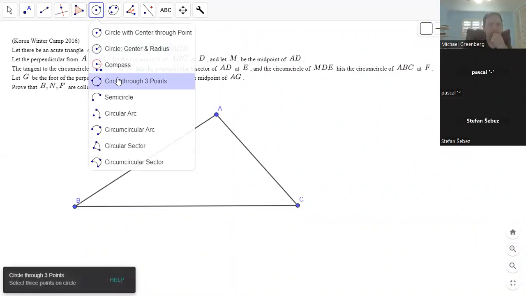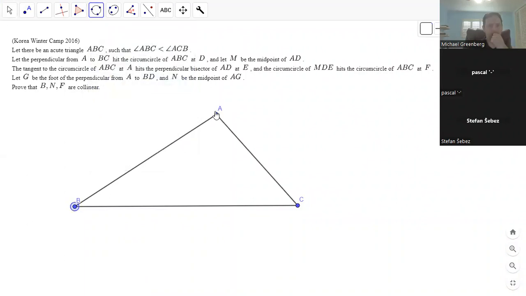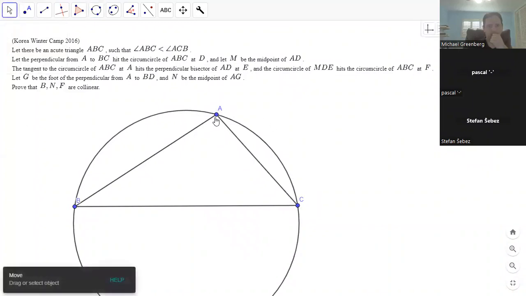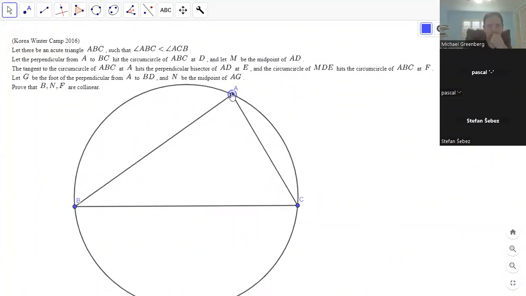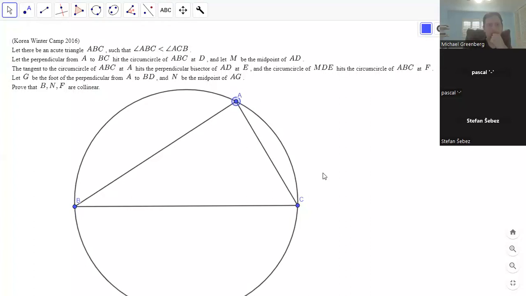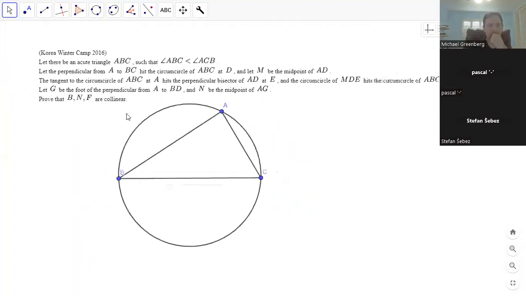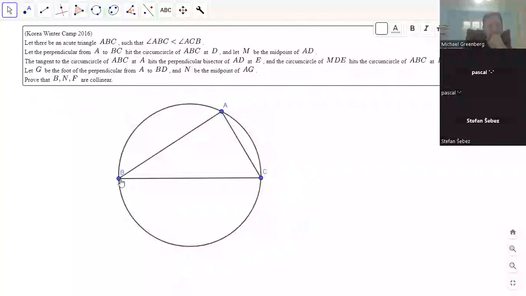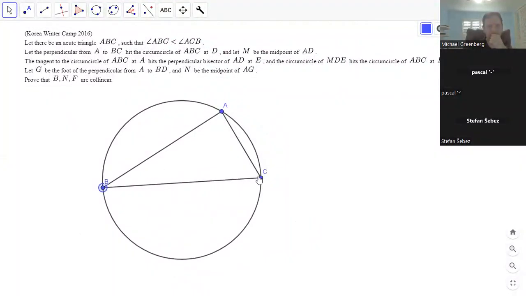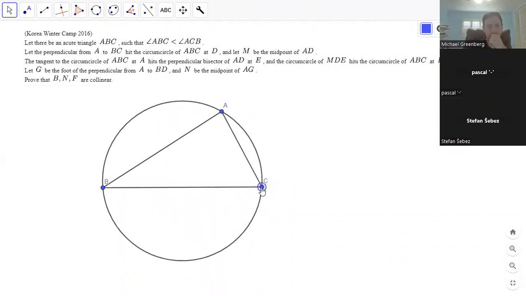We draw the circumcircle, and we draw the perpendicular from A to BC. We see where it meets the circumcircle. So that's like the reflection of the orthocenter over BC, right?